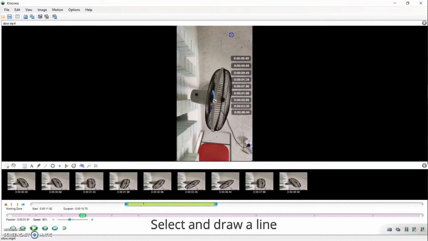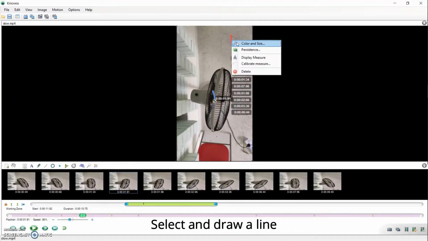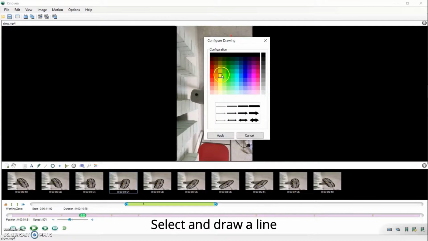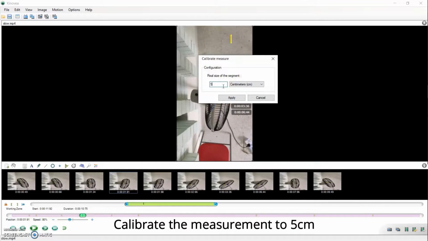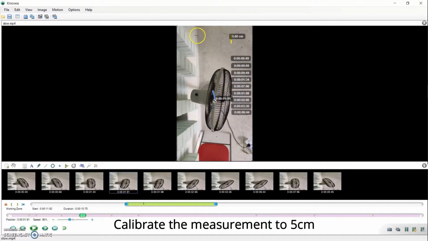Select a line and draw a line, and calibrate it into 5 centimeters. Draw a line to measure the length from the middle of the motor to the center of the fan blade.